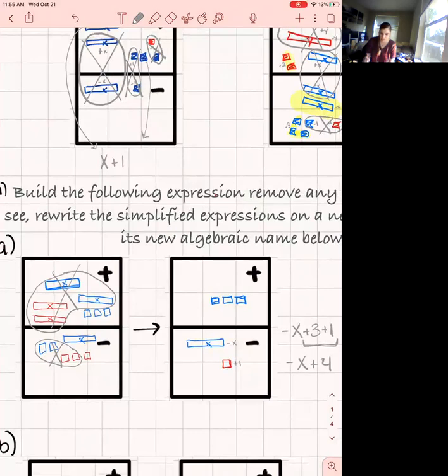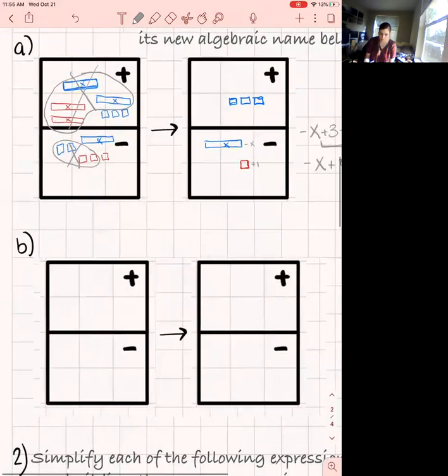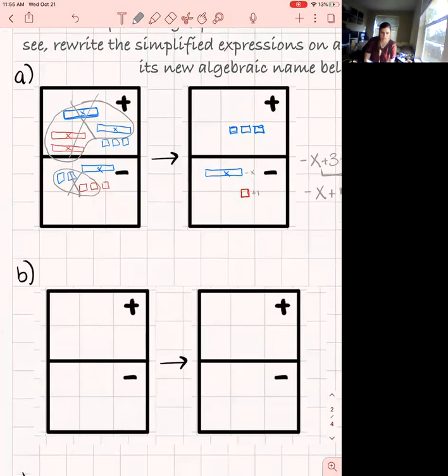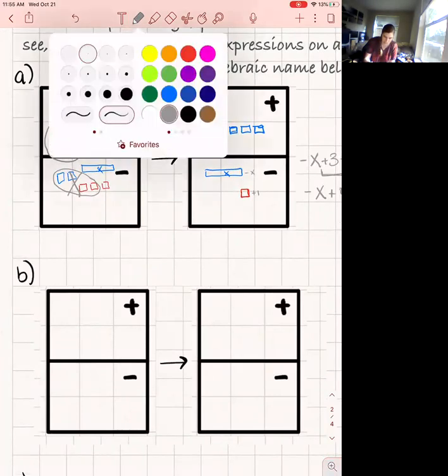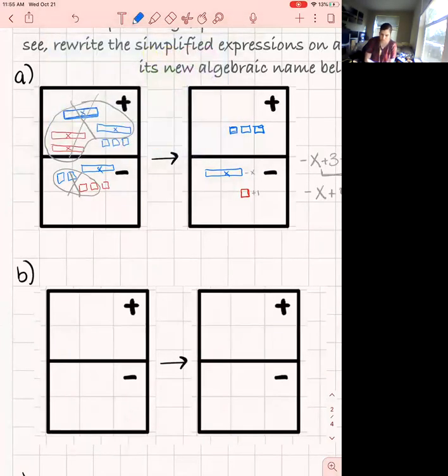So now let's do another one. If you didn't, pause and copy 2 more expression mats, and then we'll build it together. Okay, so let's build. I'm going to throw a Y tile in there.